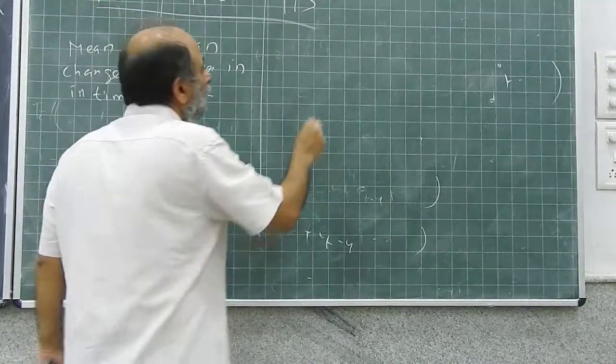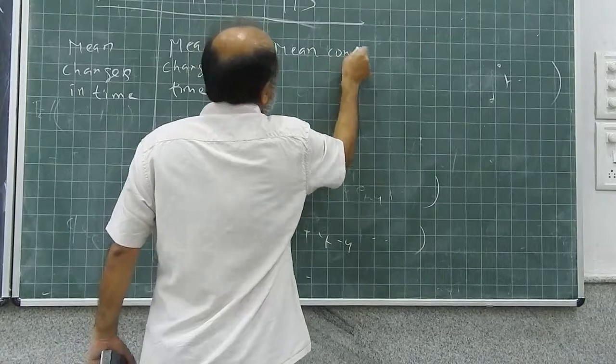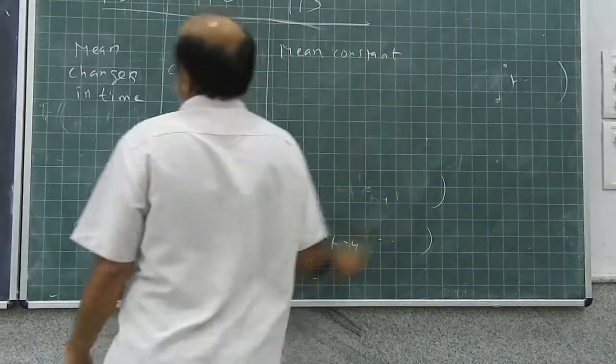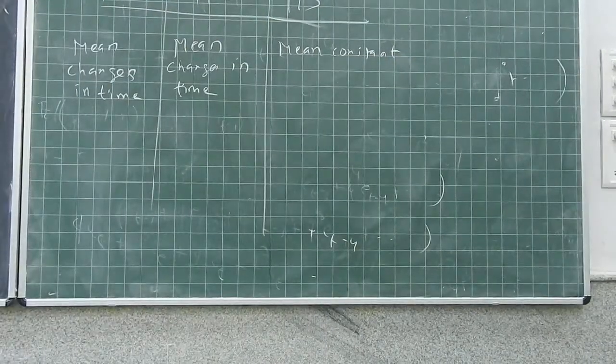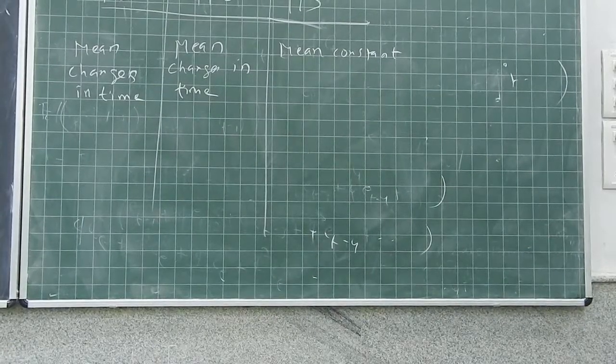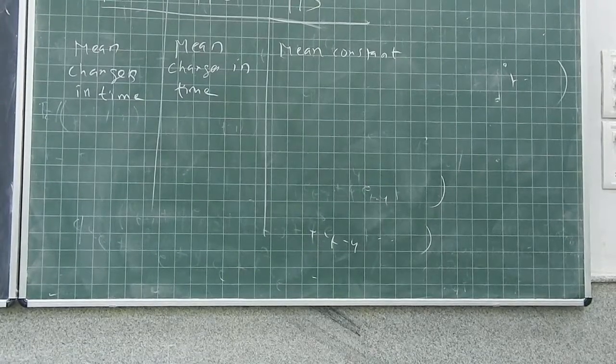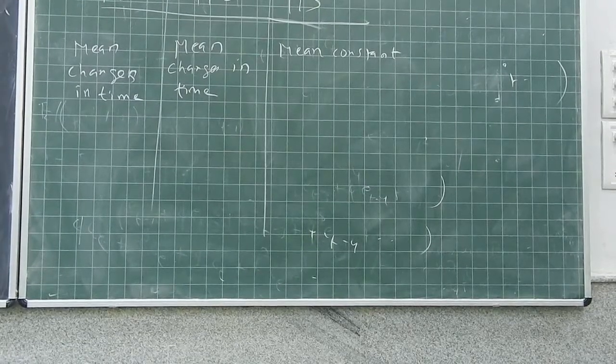Okay? That's clear? First model, the mean changes in time. The second model, mean changes in time. The third model, mean is constant.